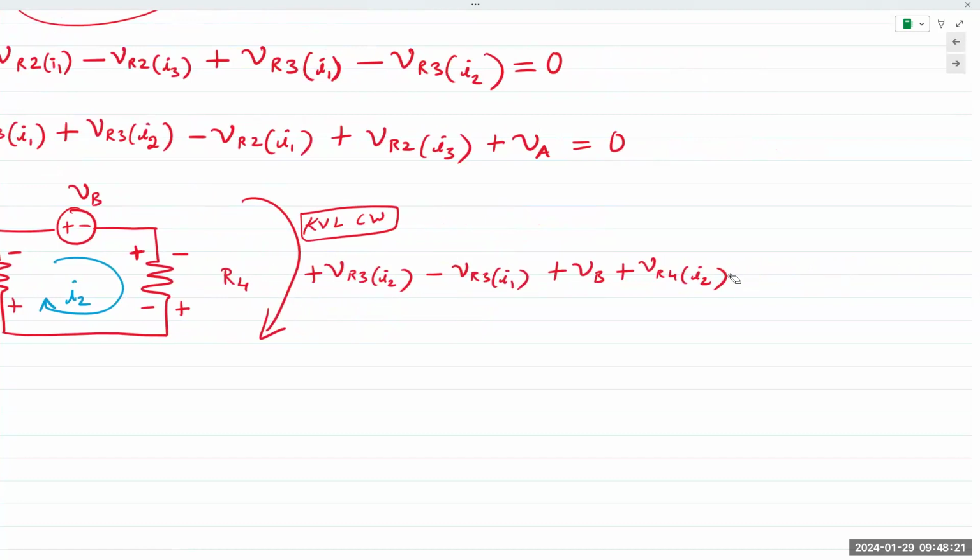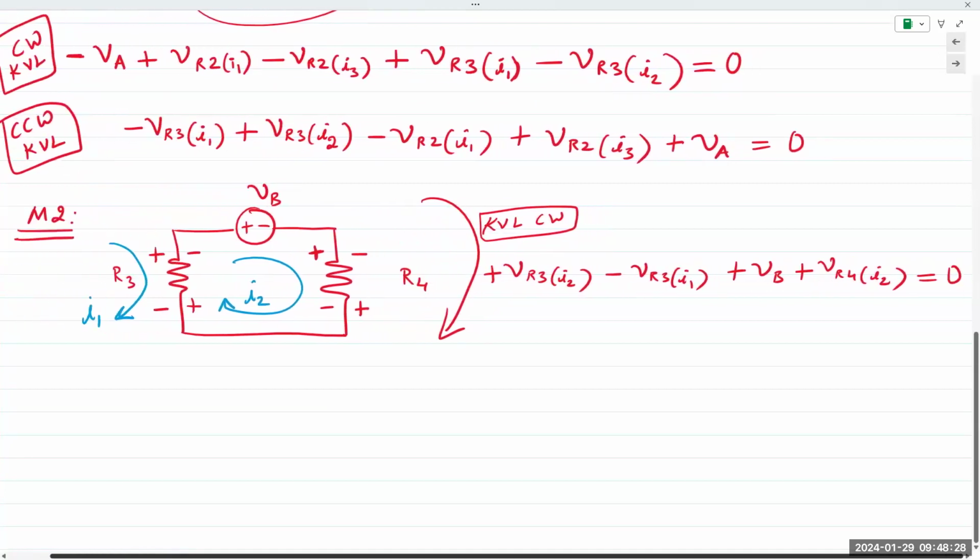Actually, no, that is not shared. It is simply equal to 0. So VR4 is not a shared branch.